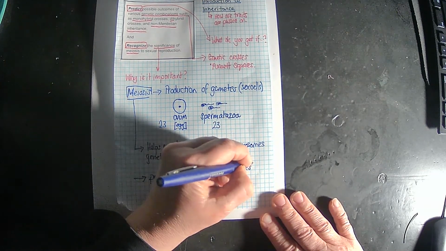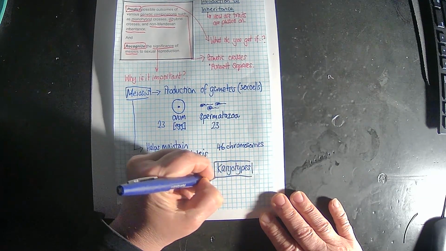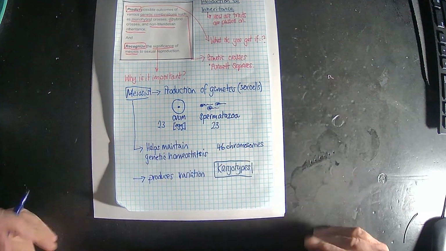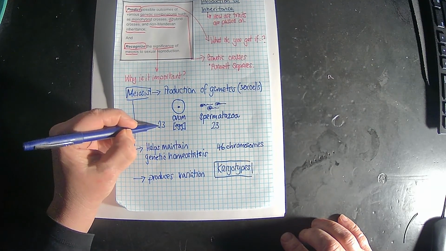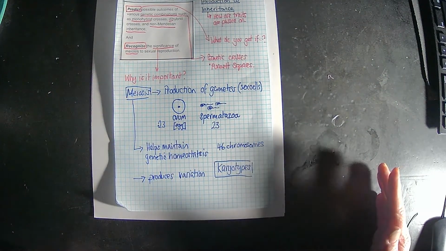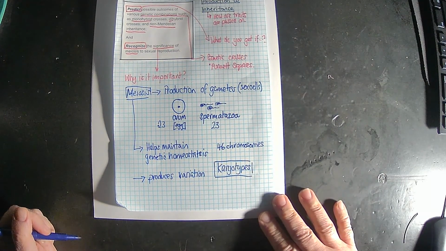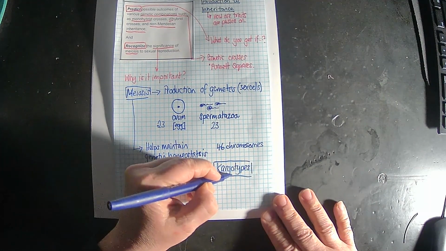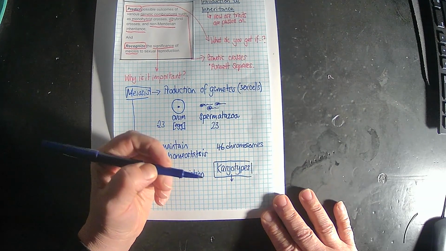Karyotypes is what they do when they look at all the chromosomes and match them up. There's chromosome 1A from the egg cell, chromosome 1B from the sperm cell, chromosome 2A, 2B, 3A, 3B. So you can match them all up. And this explains how we can determine what your gender is, whether you're a male or a female.